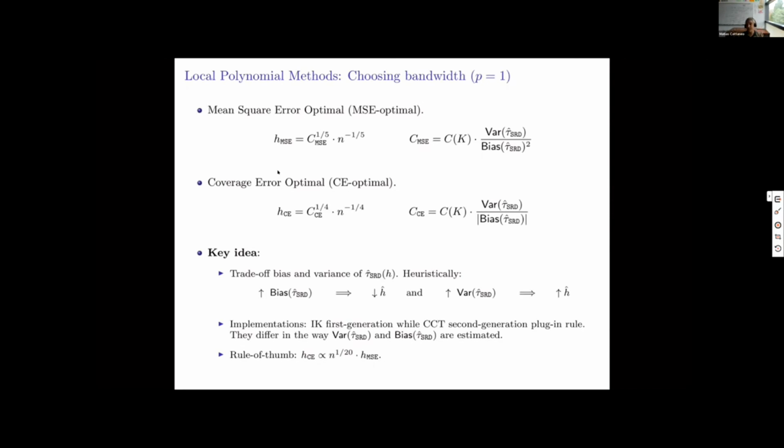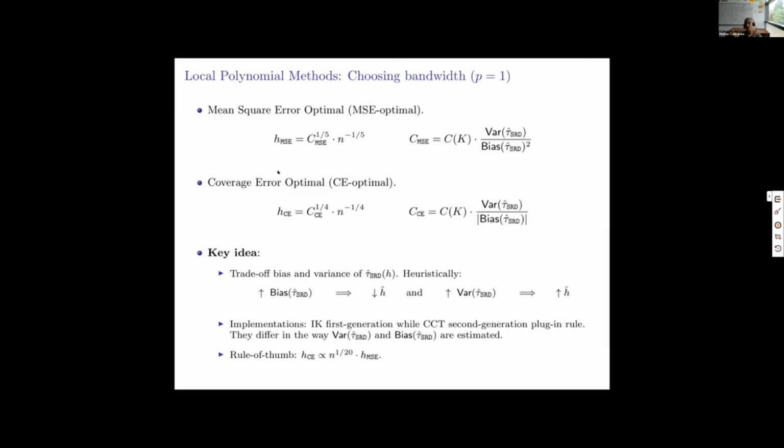And the idea here is very simple. I'll just show you a picture about it. If you choose a very small bandwidth, bias is very small, but variance is too large, so we're better off slightly increasing the bandwidth and improving on the trade-off. And then as I keep increasing the bandwidth, I'll reach my optimum. And as soon as I cross that point, again, the trade-off flips and continues up, right?